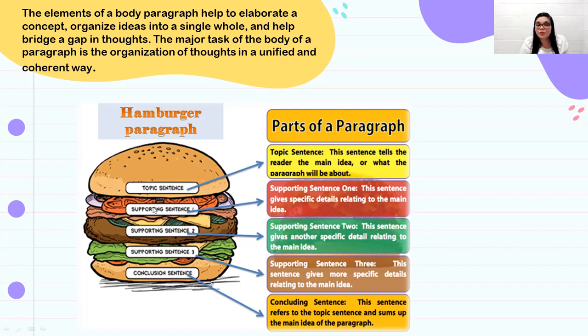But think of the supporting sentences as the largest part. The supporting sentence 1, 2, and 3 can even have minor supporting details within, and these give specific details related to the main idea.